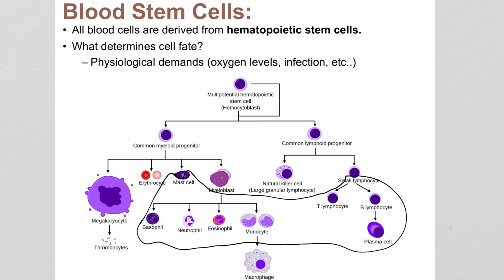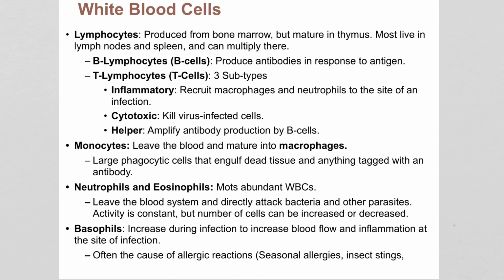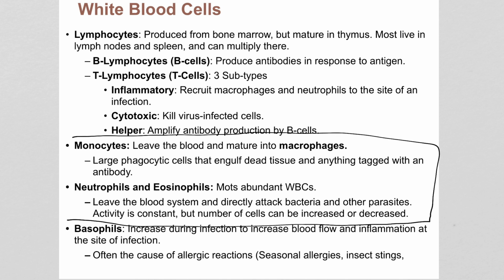And this series is going to focus mostly on what's happening on the lymphocyte side of things because that's the most interesting. But these other cell types have important functions too, right? These guys, monocytes, macrophages, neutrophils, eosinophils, you can mostly lump these together as being phagocytic cells. And they might attack slightly different types of pathogens and be found in slightly different locations.